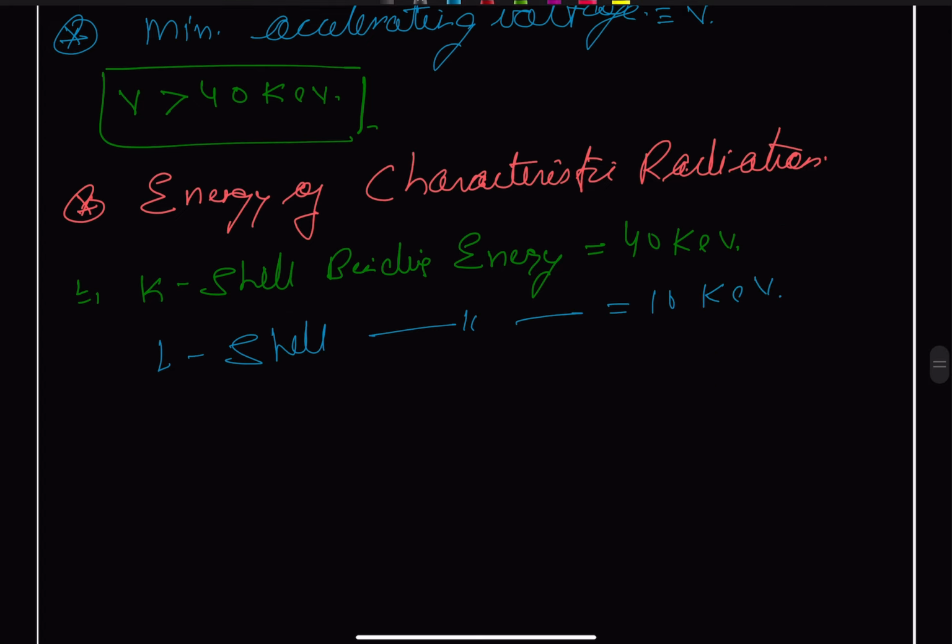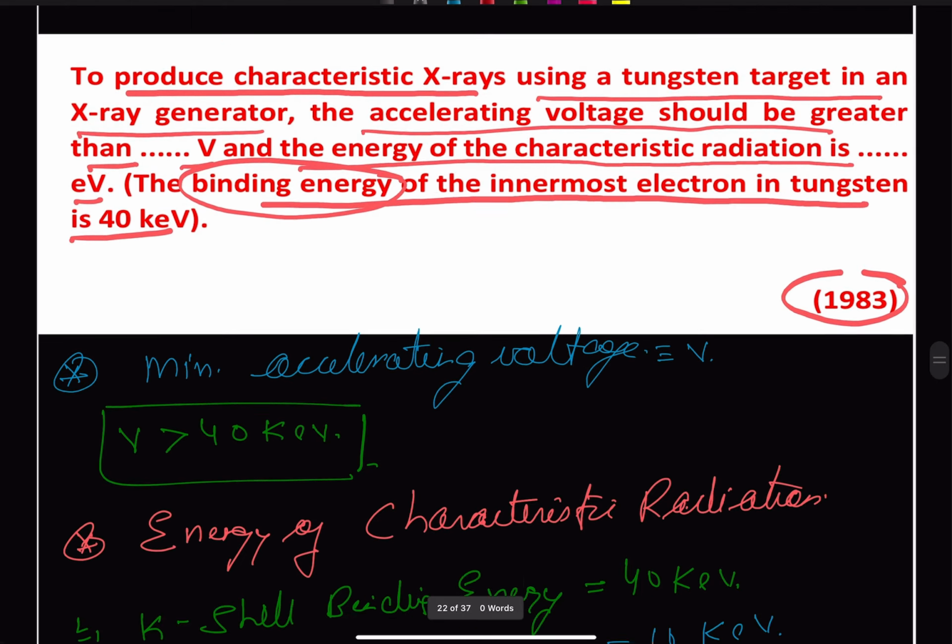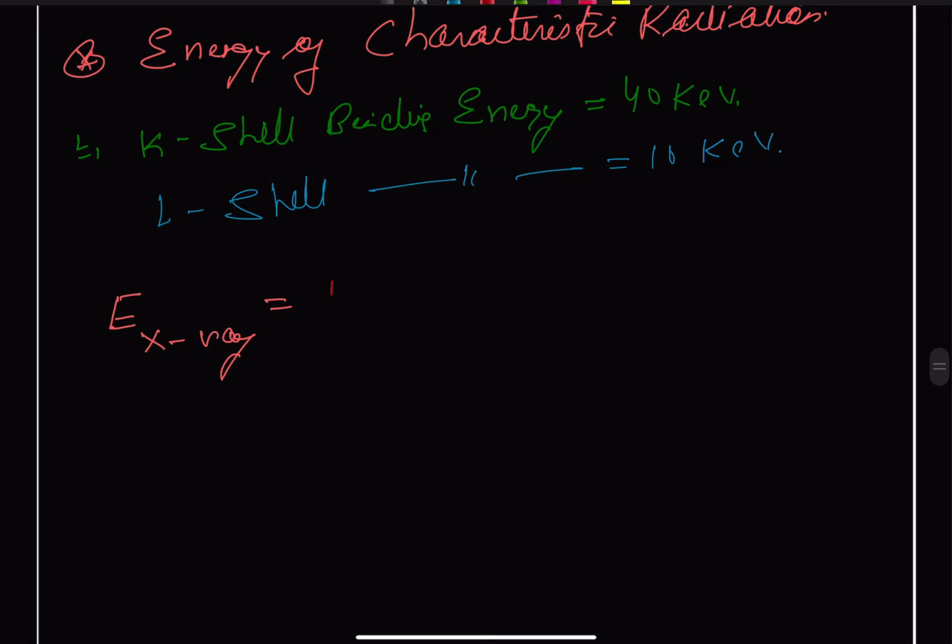So therefore we can say that the energy of the X-ray, which we also call characteristic radiation, will be equal to energy for K minus energy for L shell, giving us 40 minus 10 is equal to 30 kilo electron volt. Next question.